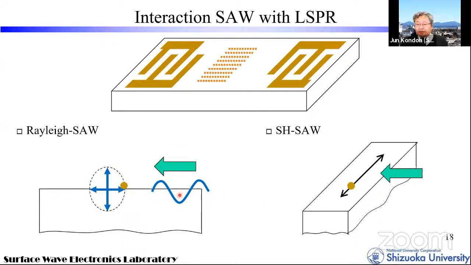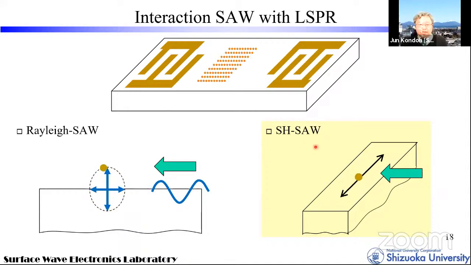For the Rayleigh surface acoustic wave propagating from right-hand side to left-hand side, the particle motion is like this. This is due to the trajectory of the particle displacement profile of the wave. And for the SH wave, like this. In this research, we chose the SH-SAW and fabricated gold nanoparticles on the SH-SAW device.